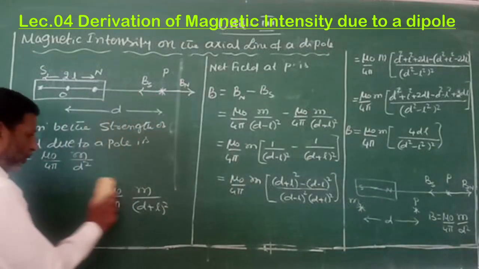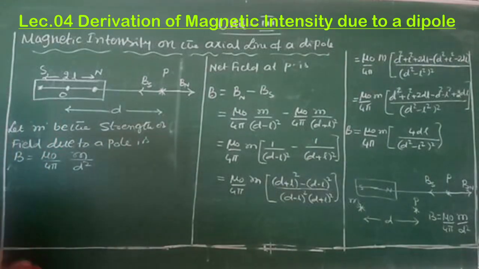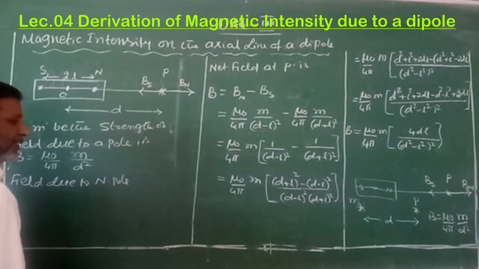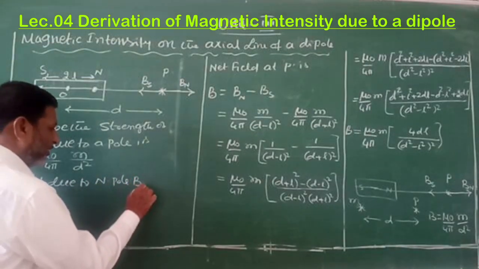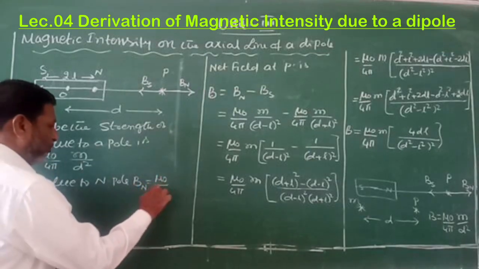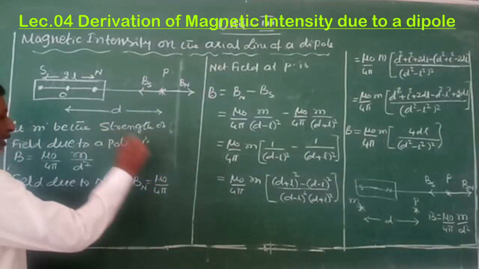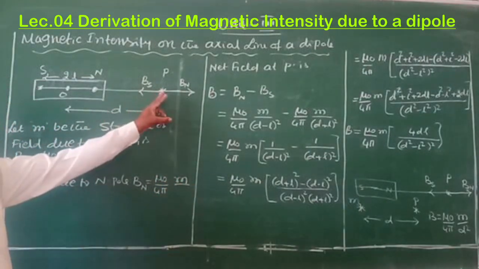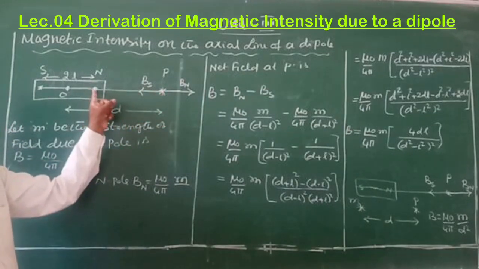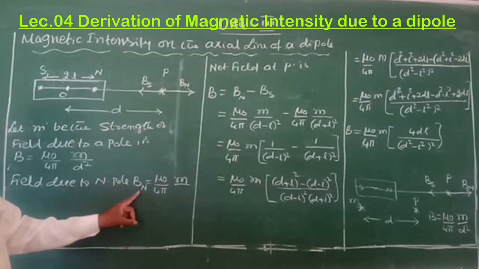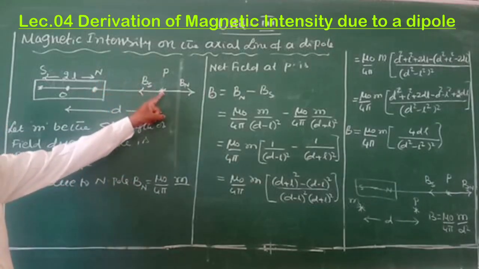Now, first the field due to the north pole, B N, is equal to mu naught divided by 4 pi, M divided by D square, where D is the distance of the point from the pole. Since we are finding the field due to the north pole, we have to take the distance of this point from this pole.